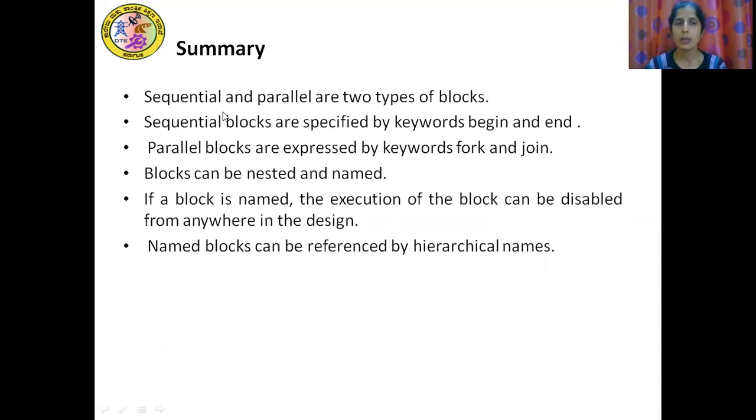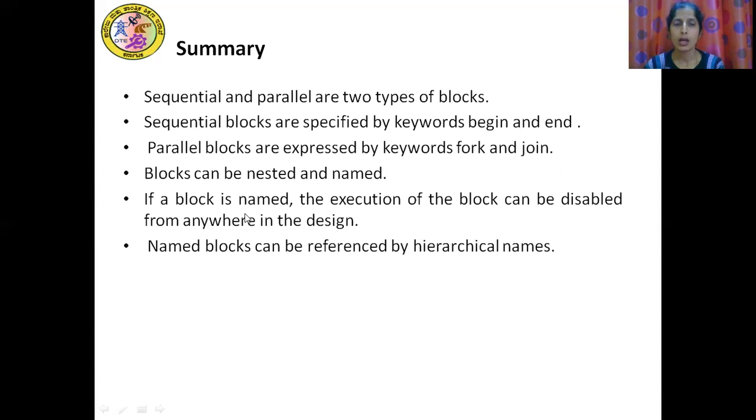Let's look into the summary of the topics we have discussed in this lecture. We discussed sequential and parallel, which are the two types of blocks. Sequential blocks are specified by the keywords begin and end, whereas parallel blocks are expressed by the keywords fork and join. Blocks can be nested and named.